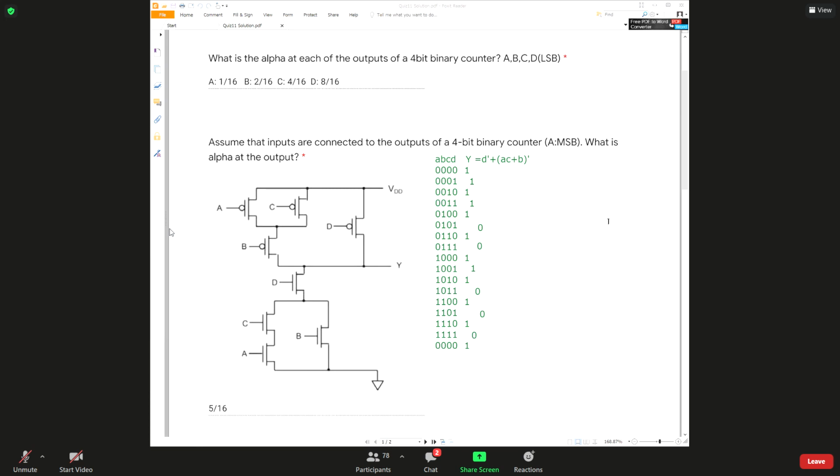Okay. Professor, I think the whole equation should be under parentheses. No, I think I'm okay. There's supposed to be a plus sign after that first D bar, or is it not ANDed with everything?